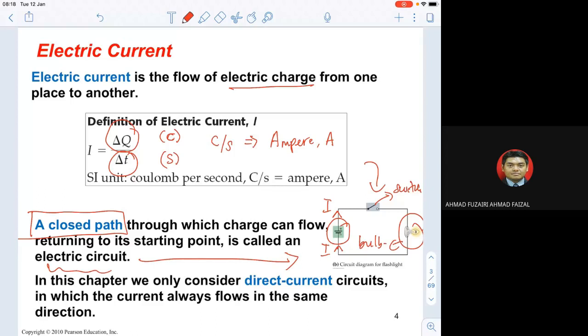What does direct current, or DC, mean? The flow of current only goes from the positive terminal into the negative terminal, and it cannot flow in reverse. That's all I mean by a direct current.